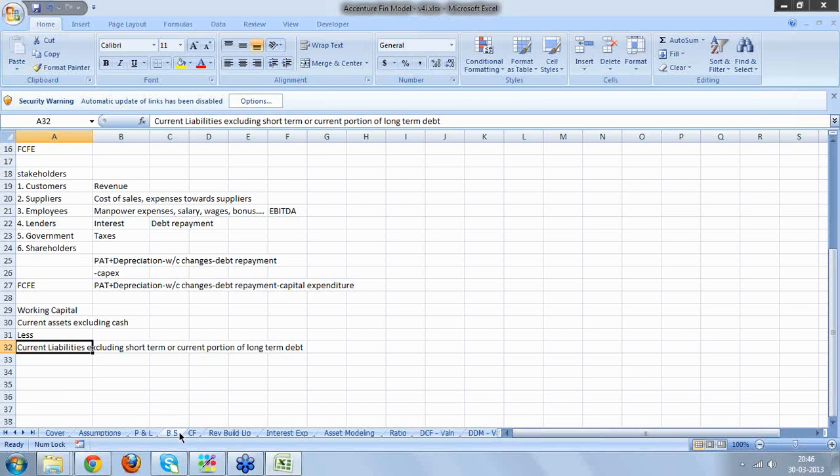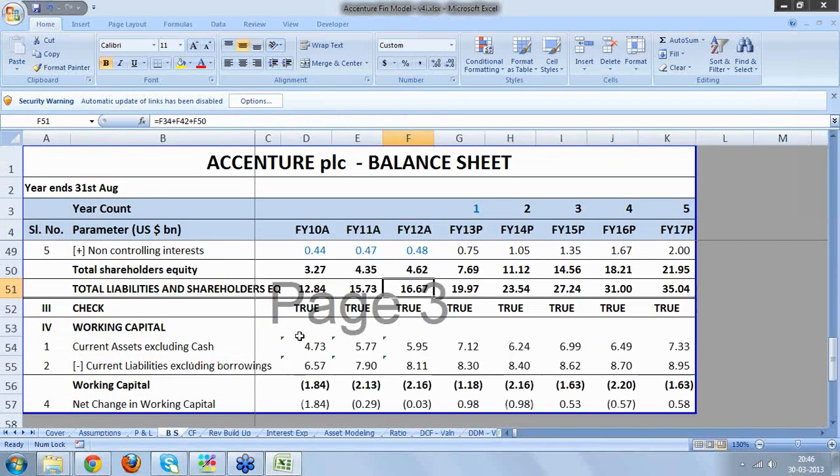For your benefit, in the balance sheet towards the end, I have calculated the working capital. I am sure you would have seen that. I've excluded cash from current assets, I've excluded all interest-bearing components from the current liabilities, and the difference of the two has given me working capital.